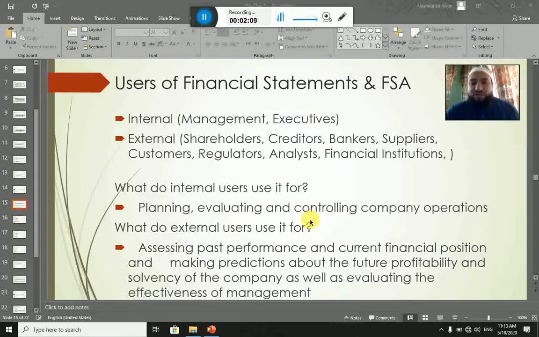Mainly the internal users use financial statements for planning, evaluating, and controlling companies' operations, and for this purpose they use different methods of analysis. And mostly external users use financial statements analysis in order to assess the past performance of a company, find out the current position of a company, and then predict the future performance of that company, right? So that's all about the users.